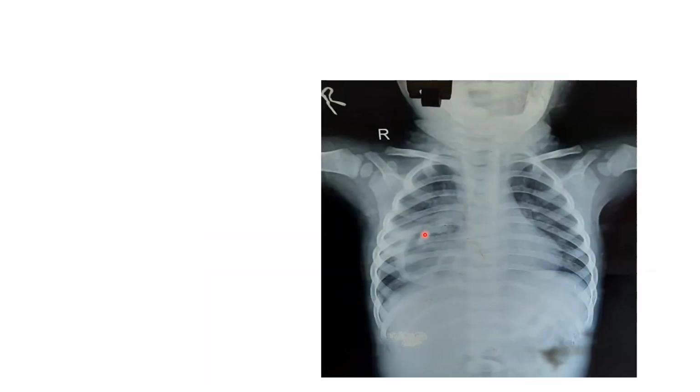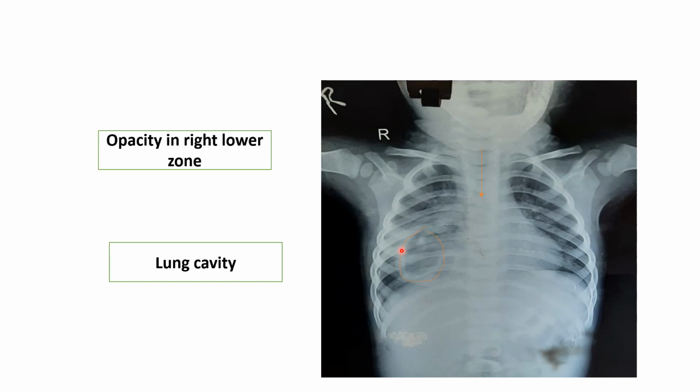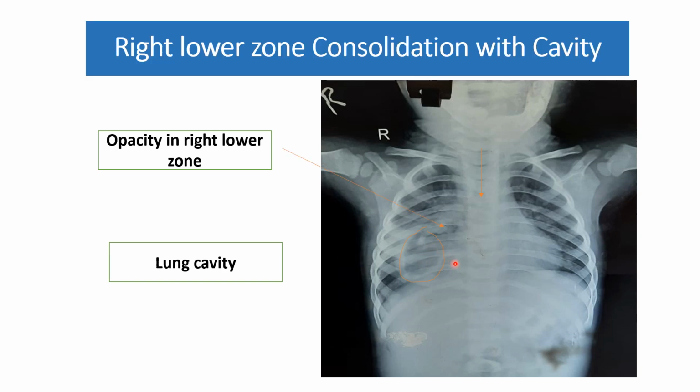Now in this X-ray, you can see this is the wall of the cavitary lesion. So the patient is having a lung cavity, and opacity around the cavity. So in consolidation, the patient is having the cavity, so necrosis has occurred. So the diagnosis for this will be right lower zone consolidation with cavity.